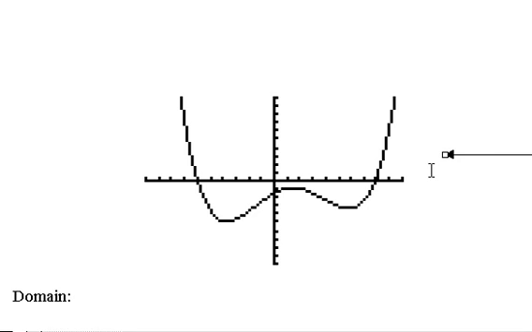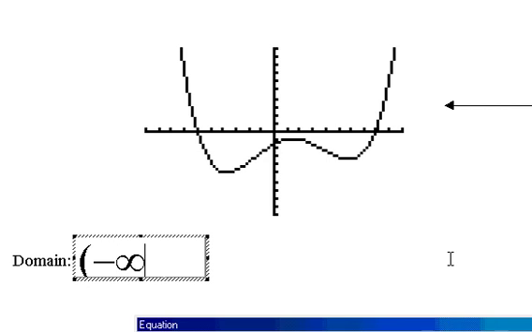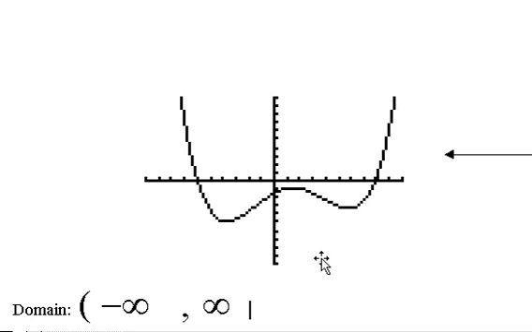This is going to come down, all this is going to come up, this will come up, and this will come down. So the whole x-axis is going to be covered. So our domain is going to be from negative infinity, or you could write just capital R, boldface R, negative infinity to infinity, because the whole x-axis is going to get covered.